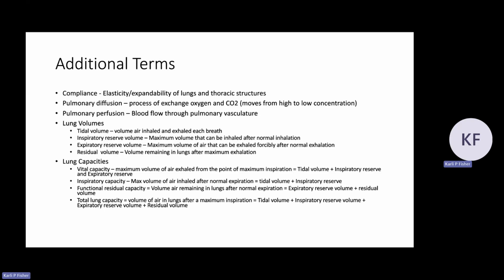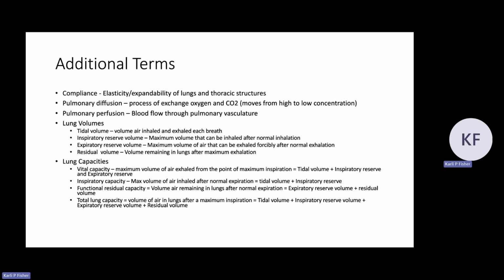So that's exactly what it sounds like. You took a normal breath out, and then how much more could you force out after? Residual volume is the volume remaining in the lungs after maximum exhalation. So you've exhaled as much as you possibly can, and how much is still hanging out in your lungs, keeping those alveoli open.